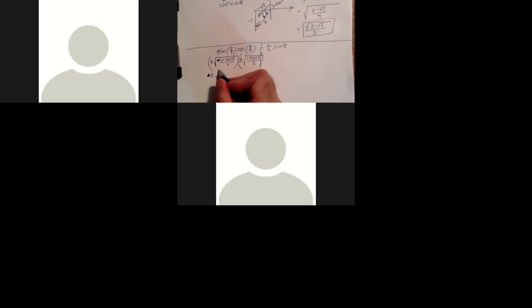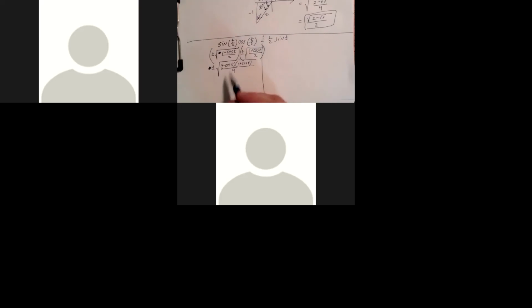Anyways, we got a square root times a square root, which means I can multiply my numerators together, which means I got 1 minus cosine t times 1 plus cosine t, and that would sit over 2 times 2, which is 4. Well, what's 1 minus cosine t times 1 plus cosine t?